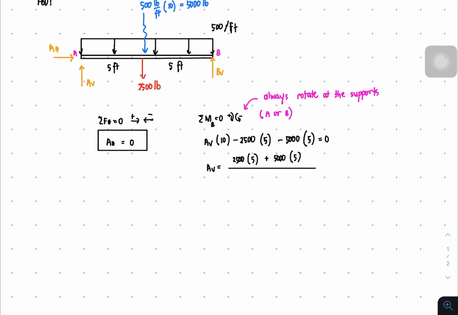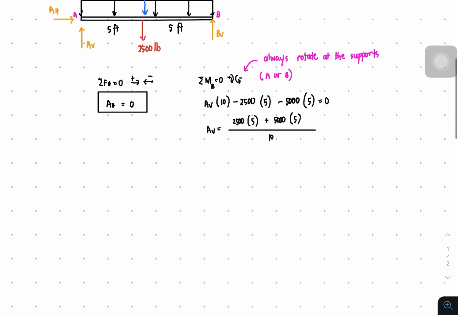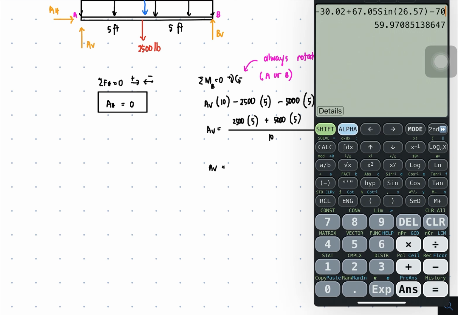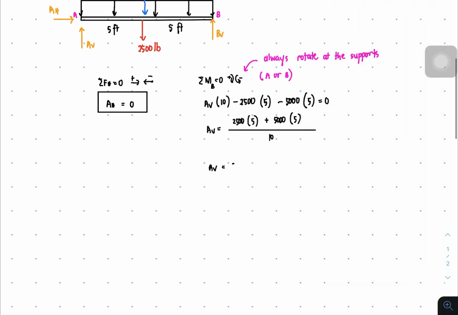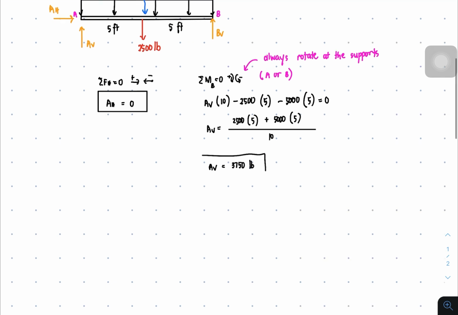So AV is 2,500 times 5 plus 5,000 times 5, divided by 10. The answer is 3750 pounds. We obtain a positive value because the assumption for our AV upward is correct.